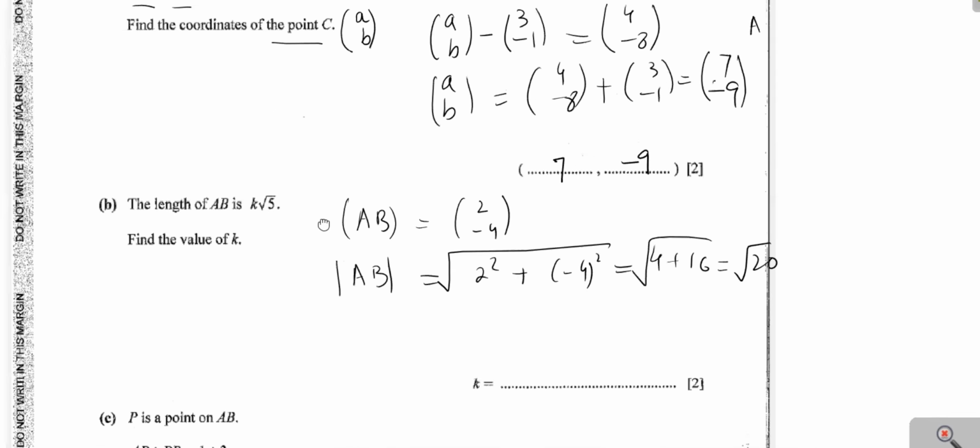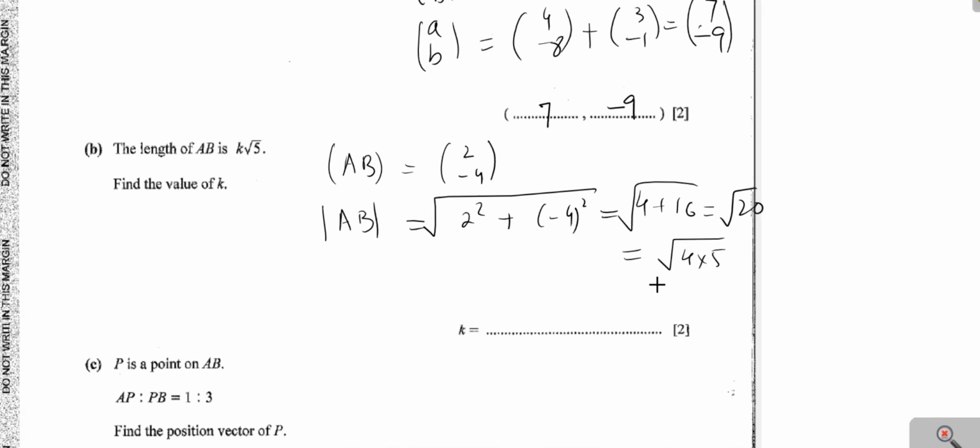And we can write this as 4 times 5, and square root 4 is 2, so 2 square root 5 is the value of AB. And when we compare this with k square root 5, square root 5 will be cancelled, k equal to 2. This is the answer.